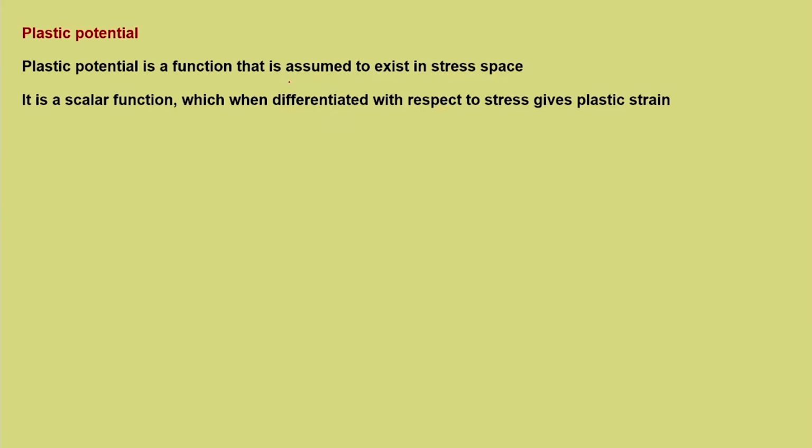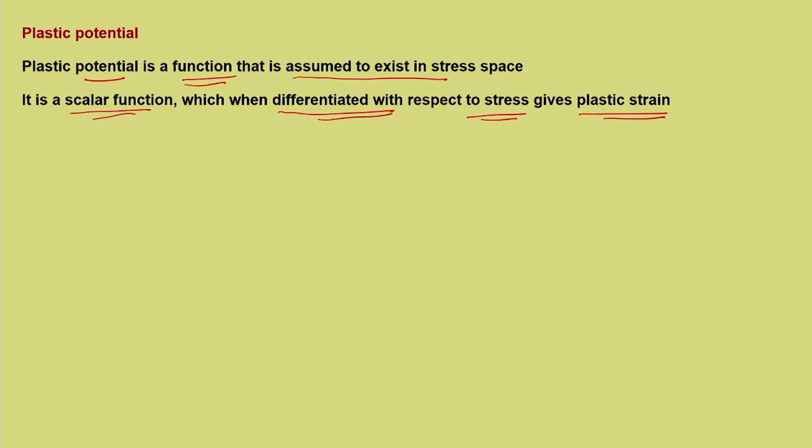Plastic potential is a function that is assumed to exist in stress space. Now, we need to define the plastic strain increment vector, and for that we also need to define what is known as plastic potential. Now, what is plastic potential? It is a function that is assumed to exist in stress space. What is the beauty of this function? It is a scalar function which, when differentiated with respect to a particular stress, gives plastic strain.